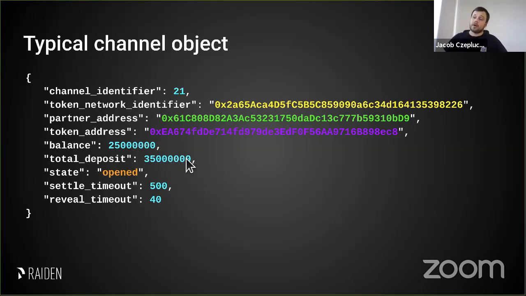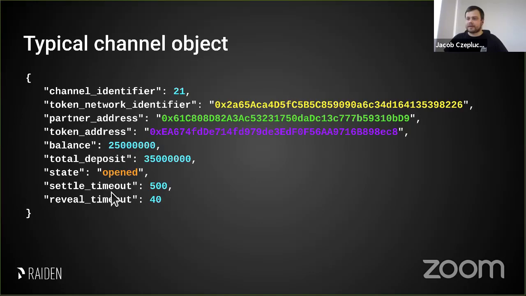The total deposit shows how much you've deposited in total, and the balance shows how much you have right now. So based on this, we can calculate that there's probably been 10 million tokens transferred in this specific case. Then the state, which can be either opened or closed, and it will be settled once settlement has passed.